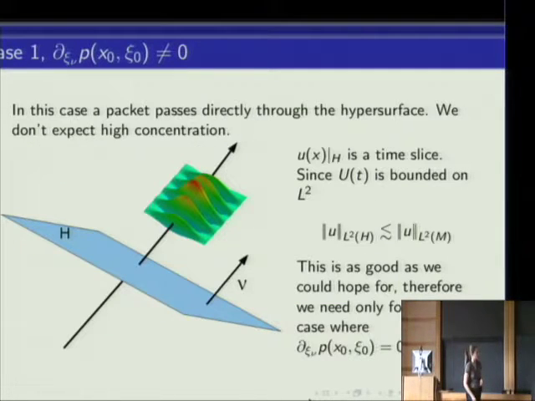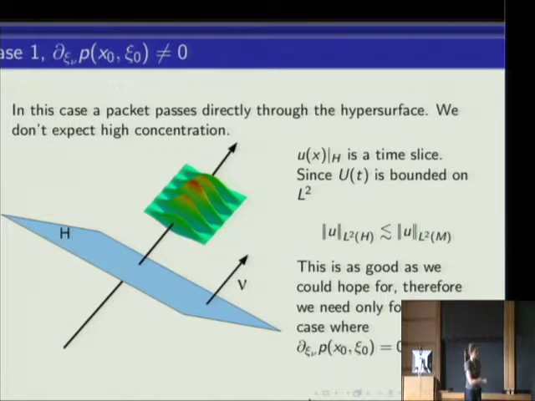We need to break into cases and treat them separately. The first and easiest case is if you take xi that is dual to nu, and take the derivative in that direction. If that's non-zero, this is equivalent to saying the velocity in the normal direction is non-zero. So a trajectory would just run straight through the hypersurface, and you would expect that a packet tracking on that trajectory would also just pass through quickly, not leaving much concentration. And that's exactly what you find.